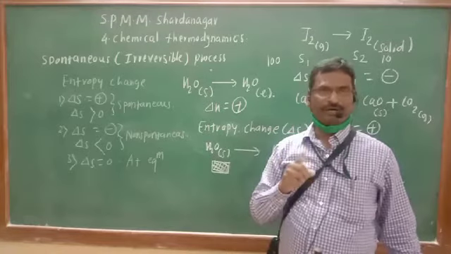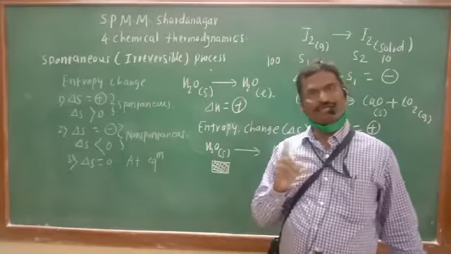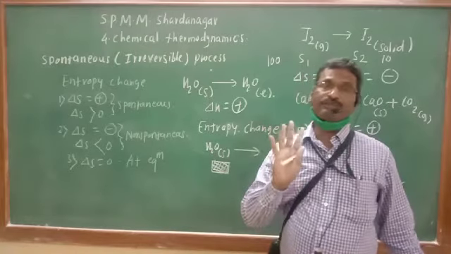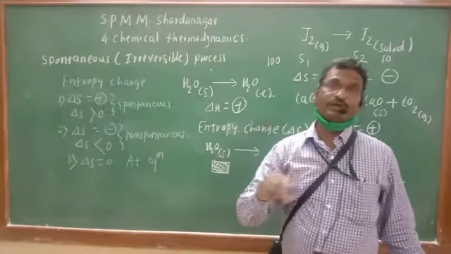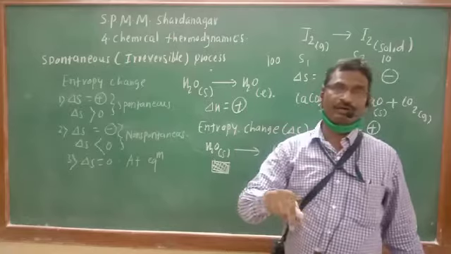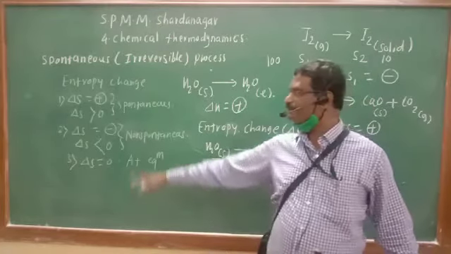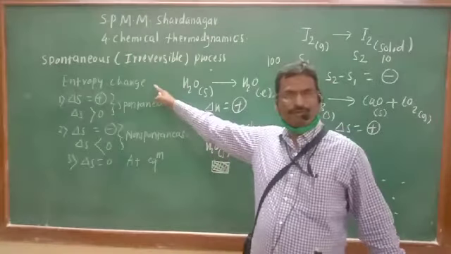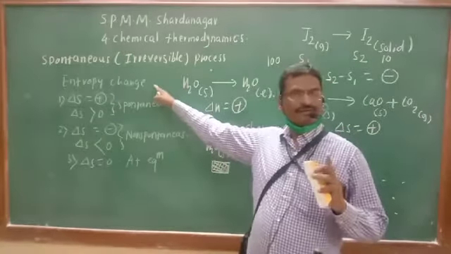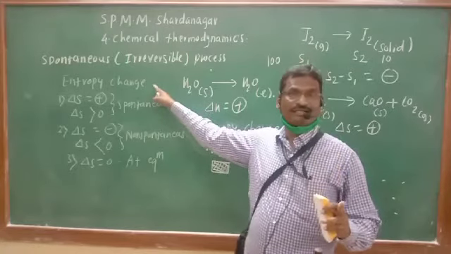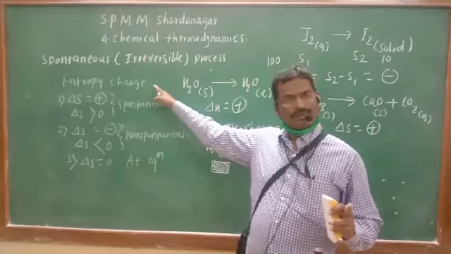The criterion of exothermicity is required for a spontaneous process, but some of the processes are spontaneous even though they are endothermic. Why they are spontaneous even though endothermic can be explained on the basis of entropy, which is the measure of disorder or measure of randomness present in the system.